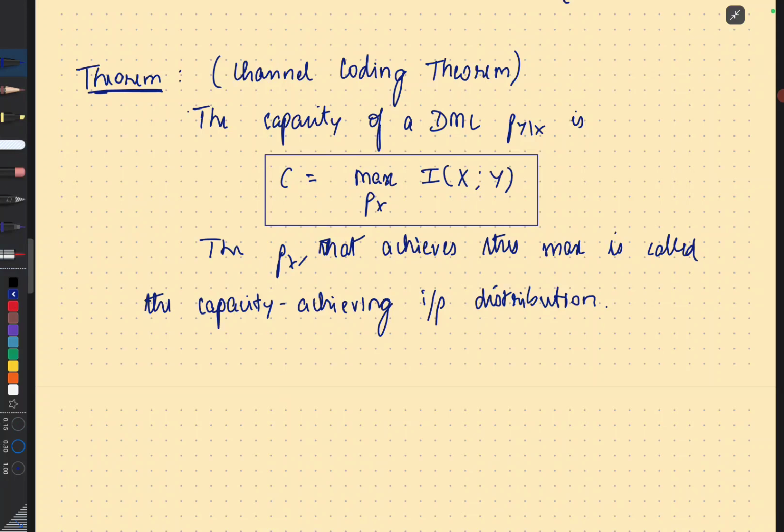Okay. So let's try to break down what the channel coding theorem is saying.